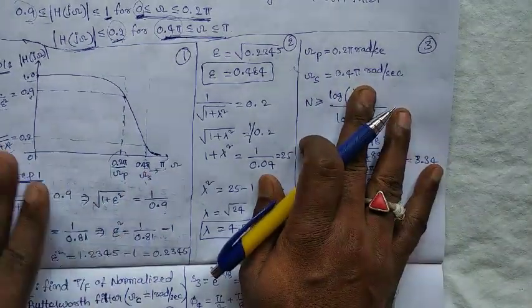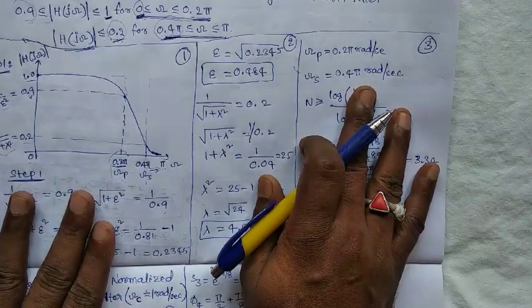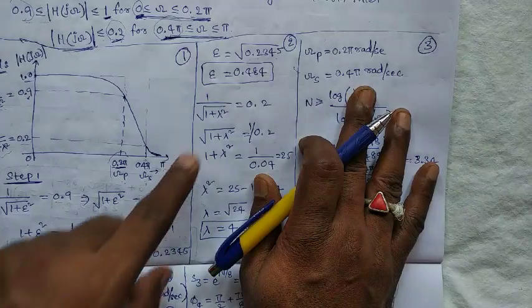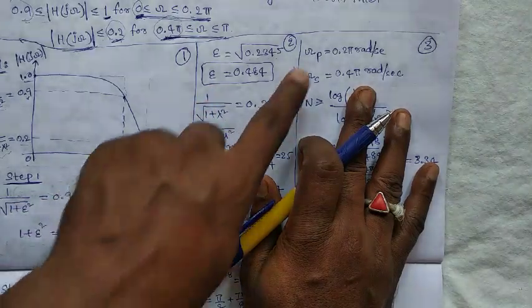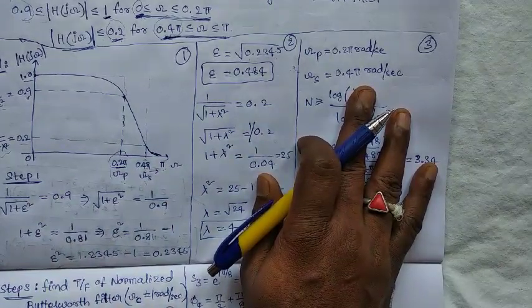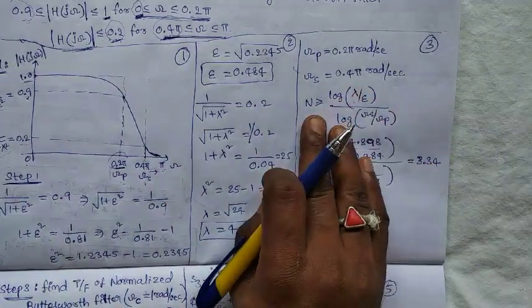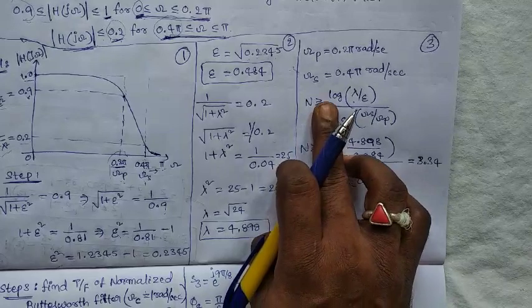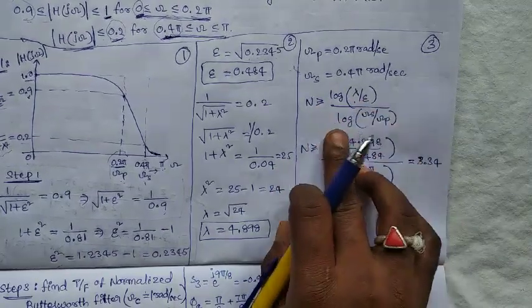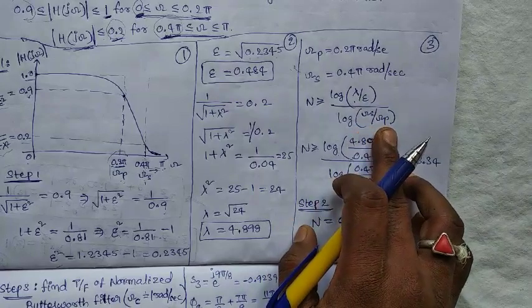In the first step we are determining what? The order of the filter. Here the order of the filter we are calculating by using lambda, epsilon, omega p and omega s. What is the formula to determine the order of the filter by using the Butterworth filter? N is greater than or equal to log of lambda by epsilon whole divided by log of omega s by omega p.